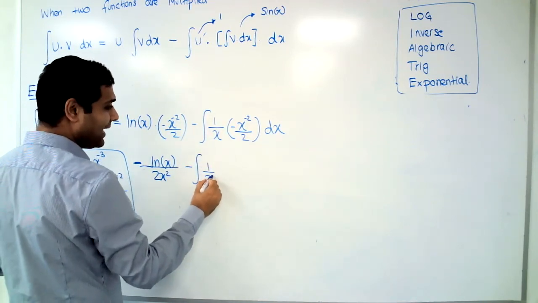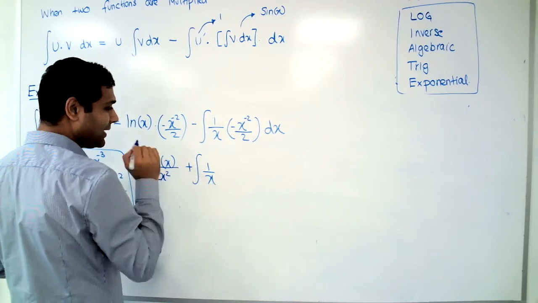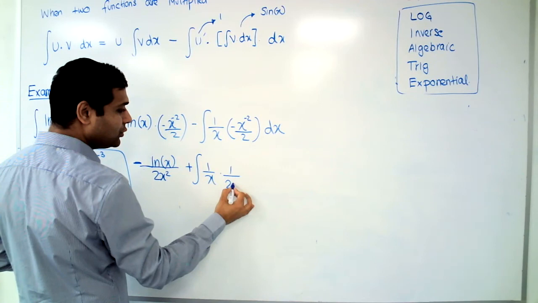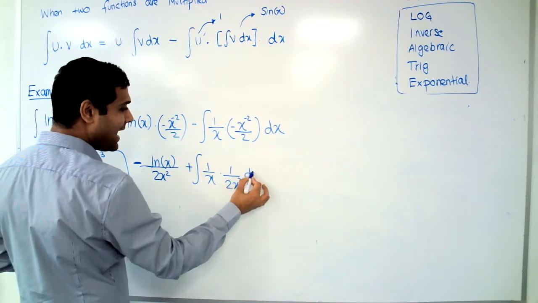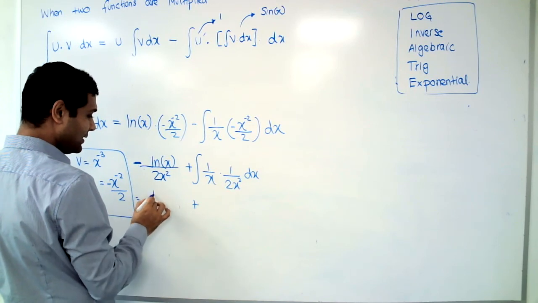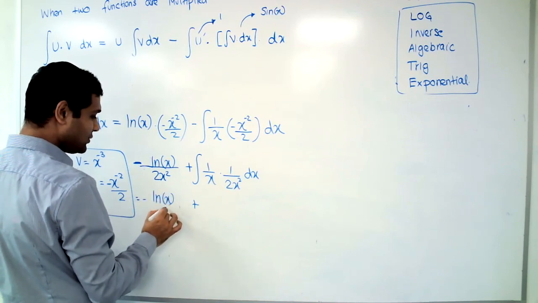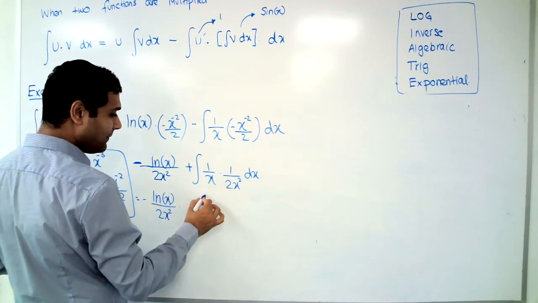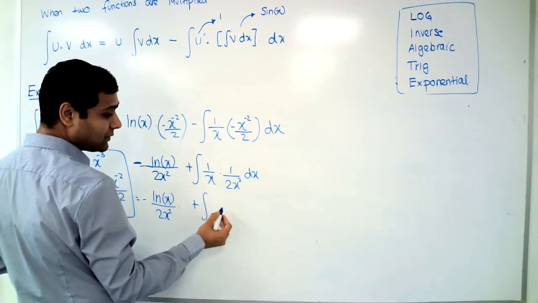This is 1 over x, this minus and this minus becomes a plus. And this becomes 1 over 2x squared dx. Now, that one as it is, I can write down minus ln x over 2x squared. This thing becomes 1 over 2.